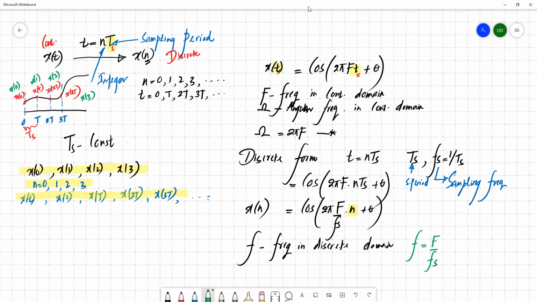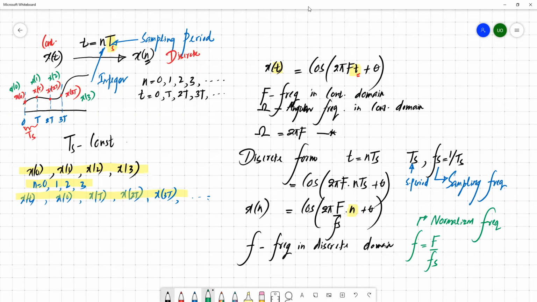This F is the frequency in continuous domain. If you divide the continuous domain frequency by the sampling frequency, you can easily get the corresponding discrete domain frequency. In certain textbooks, this is referred to as normalized frequency. So either it's a normalized frequency or the frequency in discrete domain, and it can be computed by dividing the analog or continuous domain frequency by the sampling frequency.